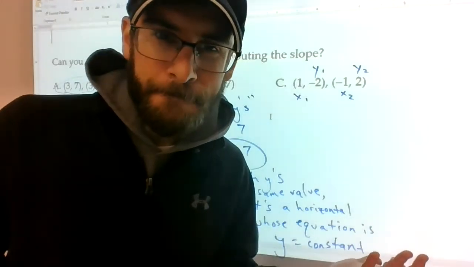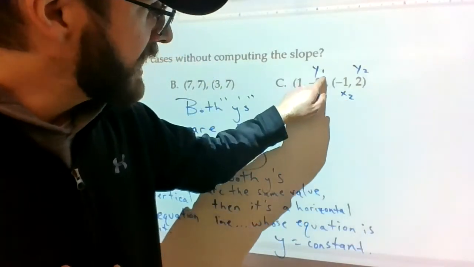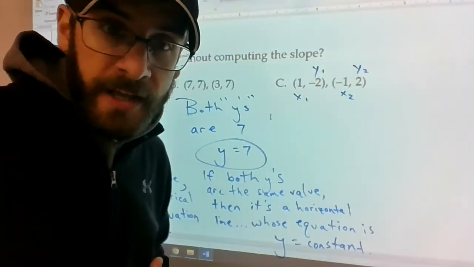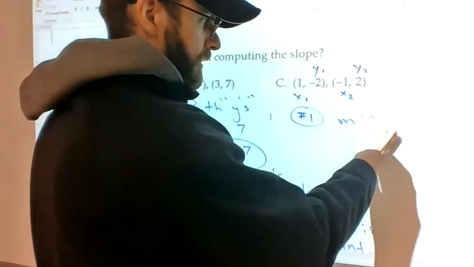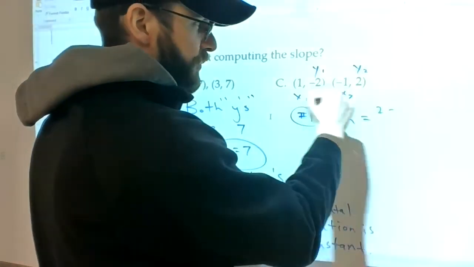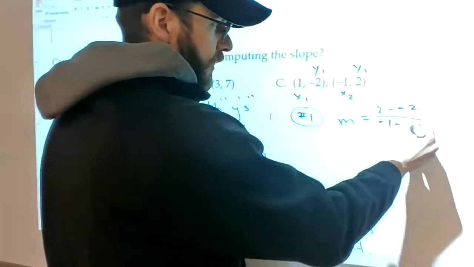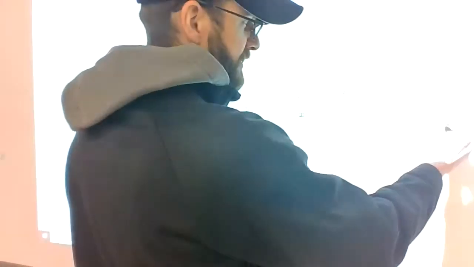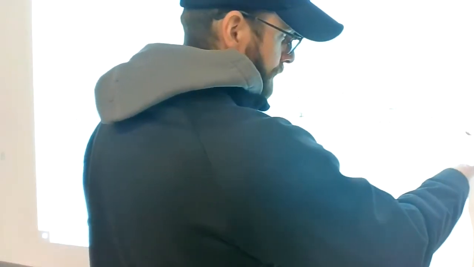They're not the same. So it's not a vertical line, and it's not a horizontal line. Well, then what is it? y2 minus y1 over x2 minus x1. This is going to be 4 over negative 2.